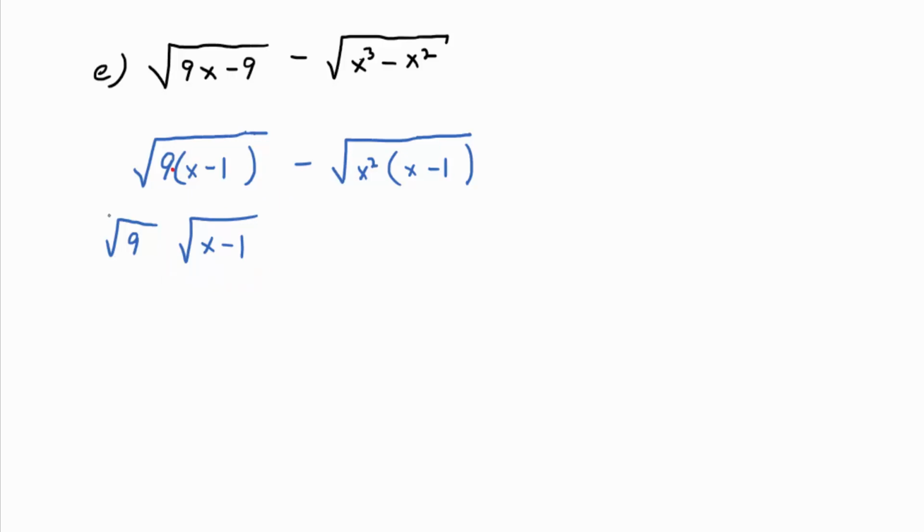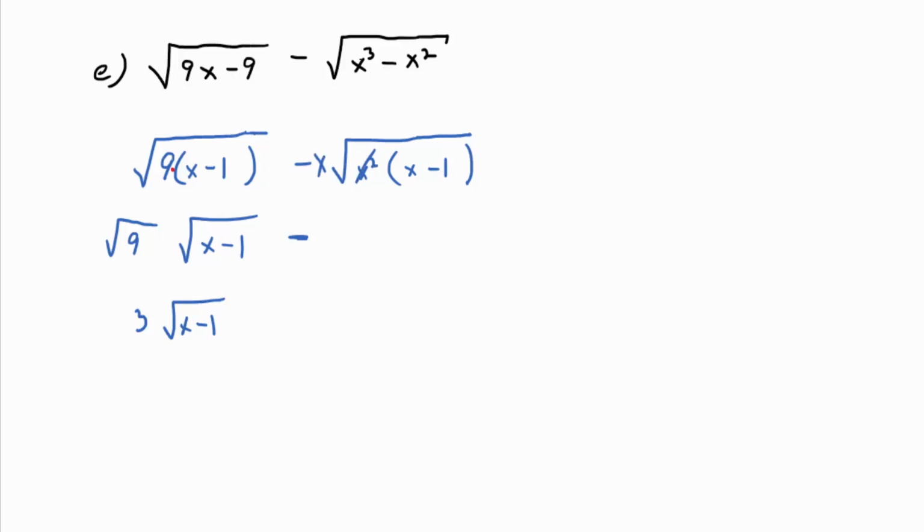And then what's the square root of 9? So for the first radical, you get 3 times the square root of x minus 1. That's how it simplifies. Now, what about the second radical? It's going to stay minus. What can you pull out? Assuming that the variables are non-negative, what can you pull out? An x, right? Square root of x squared.